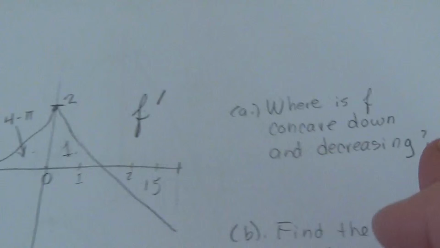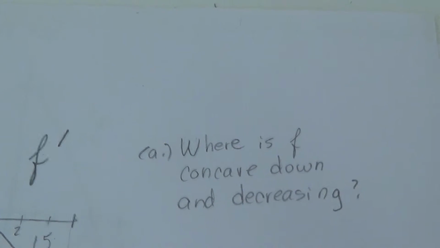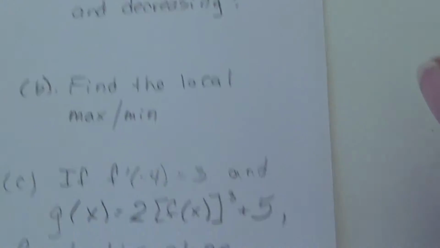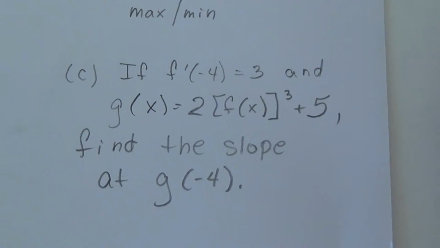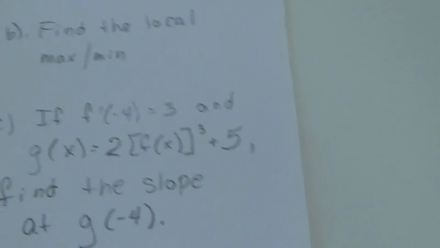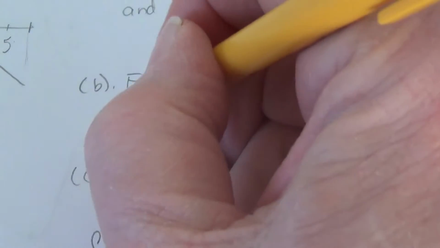Here are the questions. Where is f concave down and decreasing? Find the local max and min. And I think also on that one, find the absolute min. Gosh. All right, I forgot to write that on there. So I'll add it.